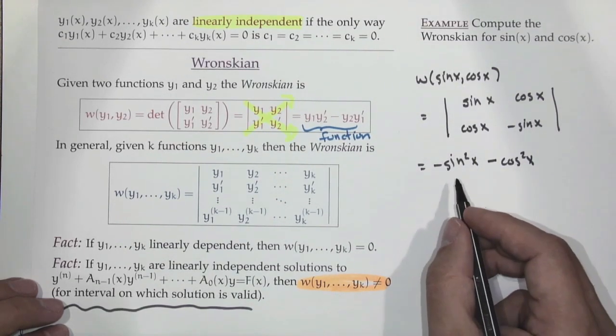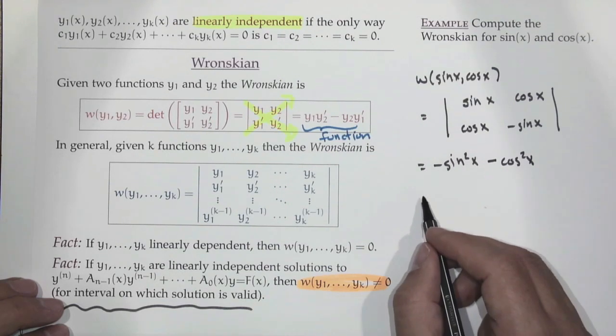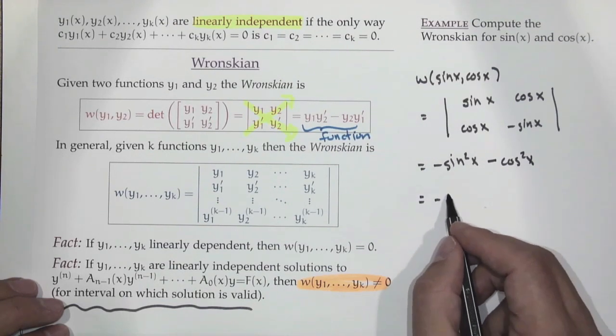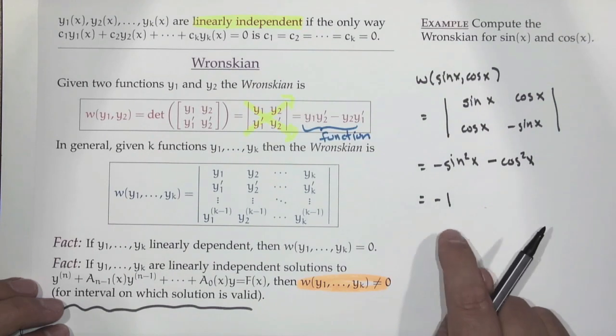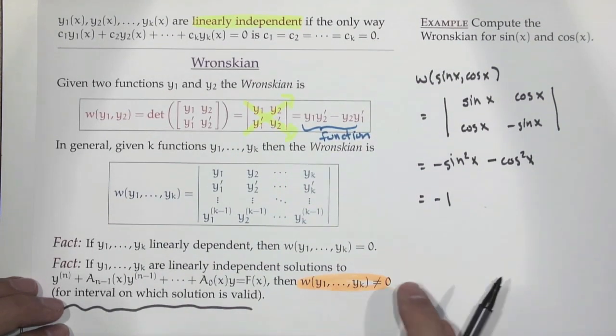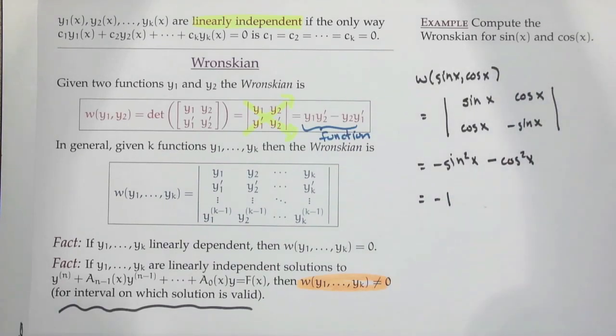Well, negative sine squared x minus cosine squared x, is there another way to write that? Negative 1. Now, what do we know about negative 1? It's not equal to 0. Which means that these are linearly independent. We get something from having them both. There's no redundancy built in. So that's a good thing to do.